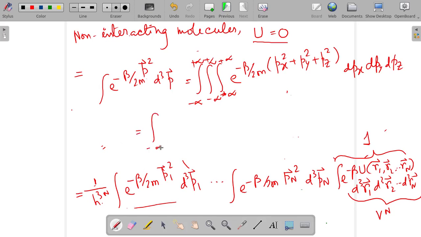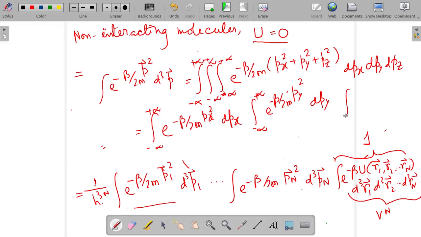Minus to plus infinity e to the power minus beta by 2m px square dpx, minus to plus infinity py square dpy, pz square dpz.